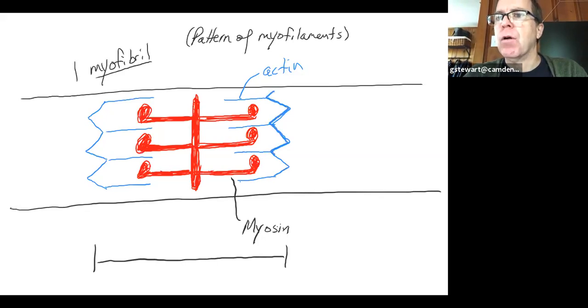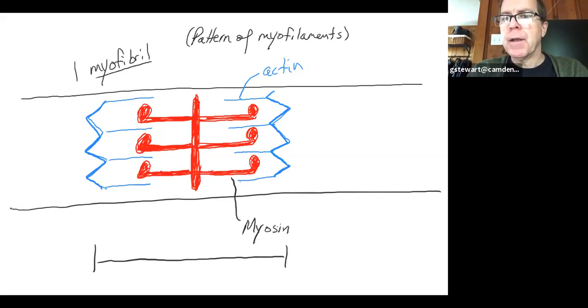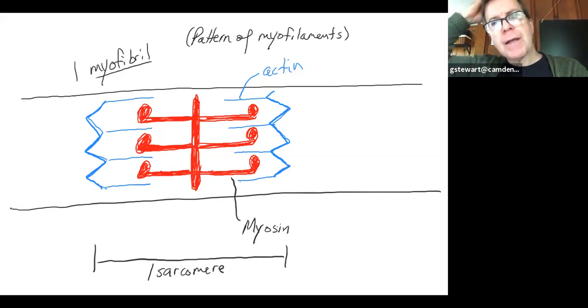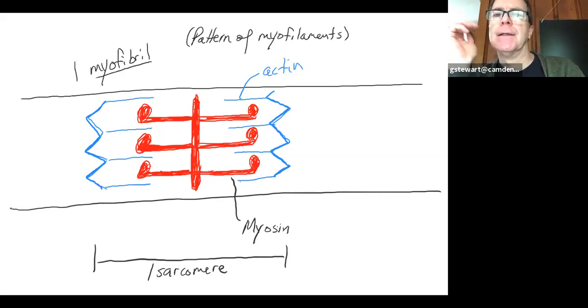And it's just what holds the actin molecules together. From one Z disc or Z band to another is called one sarcomere. And that is one unit, one contractile unit within a muscle cell.